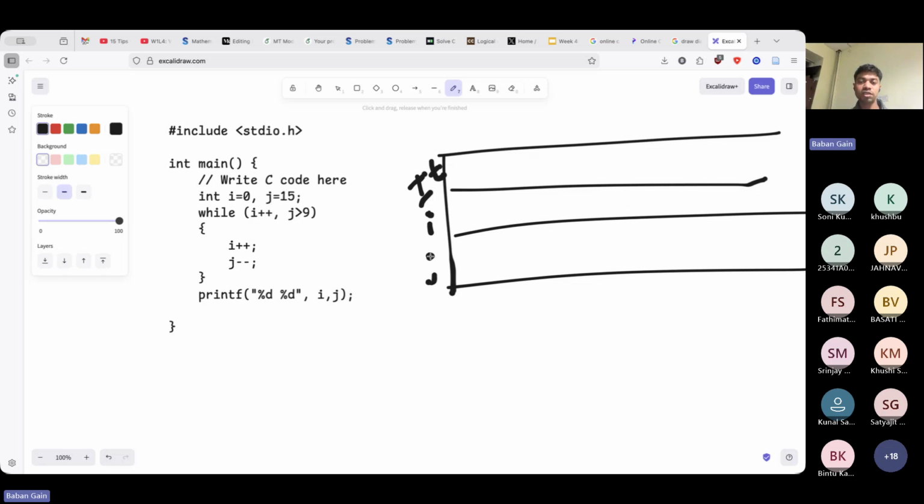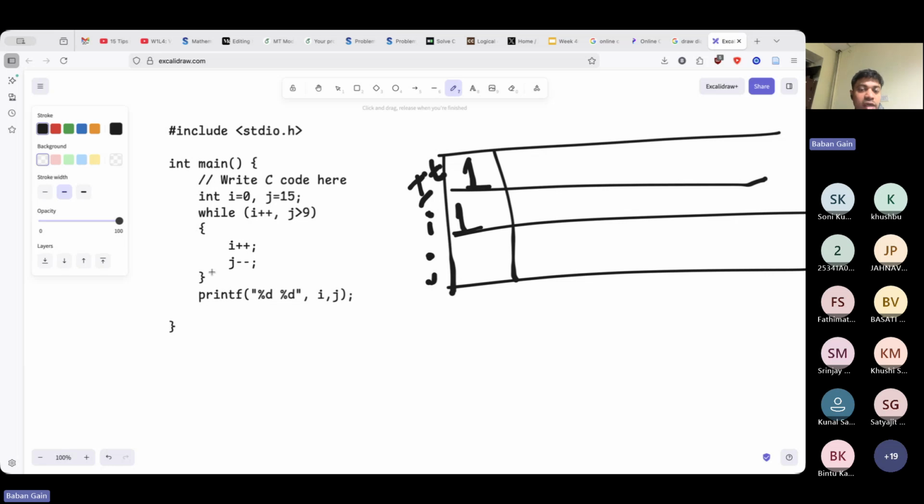So at the first iteration, the value of i is 0, right? And at first, i will get incremented, so it will become 1. Then j greater than 9: 15 is greater than 9, so this will become true.